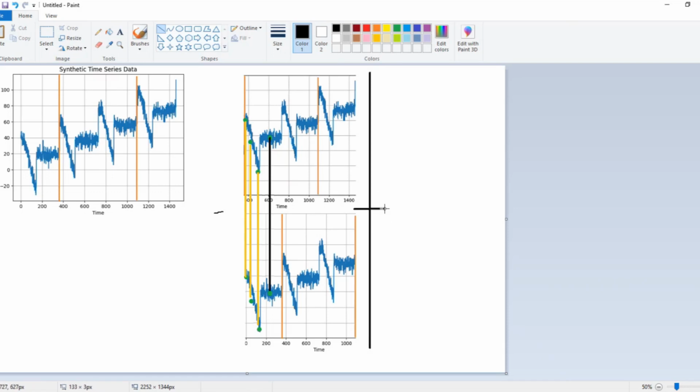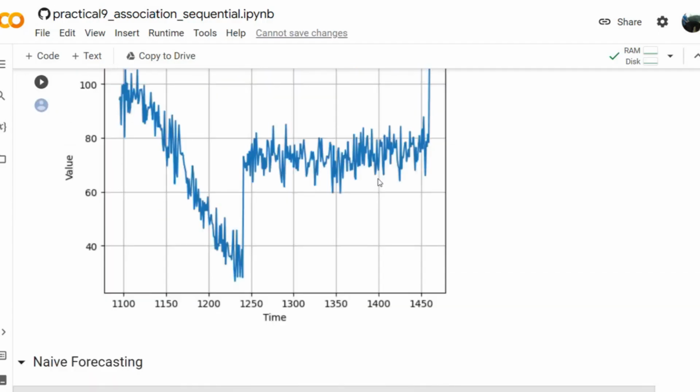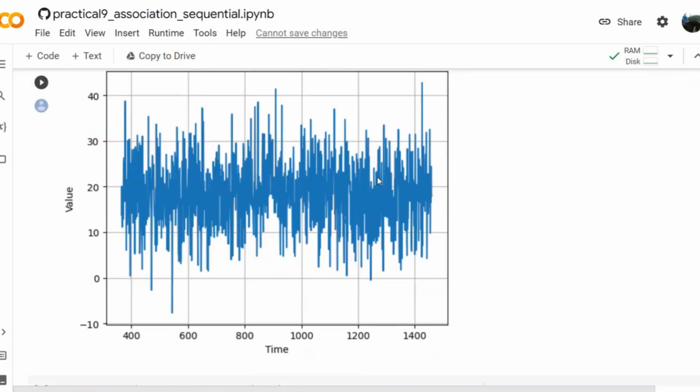This is going to give you this figure. This one.